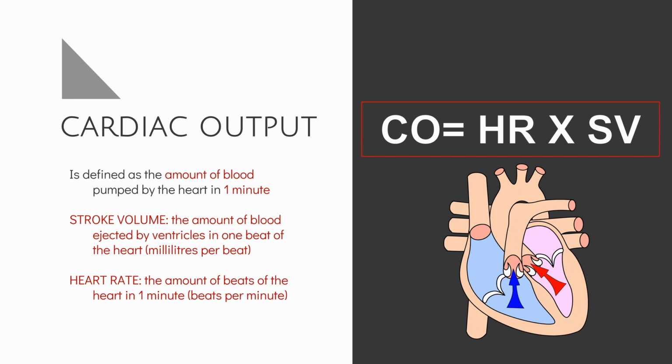So if we have a look at our equation, cardiac output equals heart rate times stroke volume, and heart rate being measured as beats in a minute and stroke volume as mils in a beat, we can cancel those two beat values out, and we can say cardiac output is measured in mils per minute, or a volume per minute.